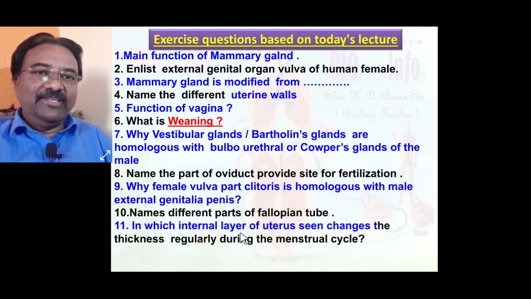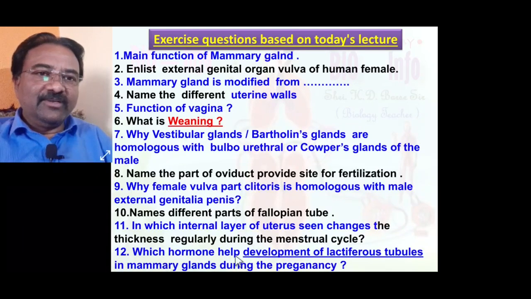In which internal layer of the uterus does the thickness change regularly during the menstrual cycle? Yes, the endometrium is the internal layer of the uterus that changes thickness regularly during the menstrual cycle.